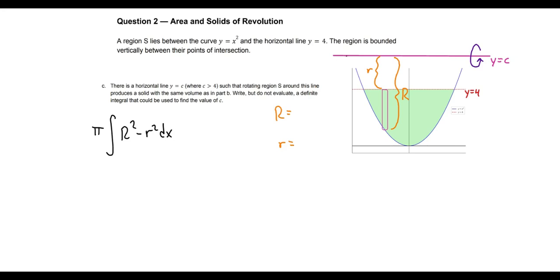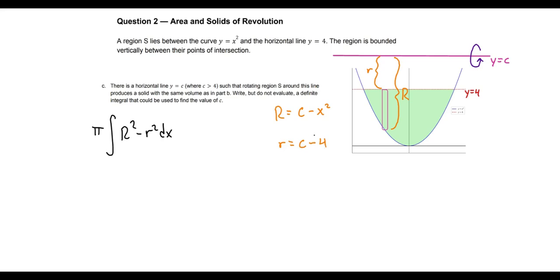In this case, the top function for both R's is going to be c, but what's going to change is the bottom function. So big R here is bound between c and this parabola here. So what we've got is c minus x squared, right? Top minus bottom. Same idea for little r. Top minus bottom is going to be c minus 4 this time.